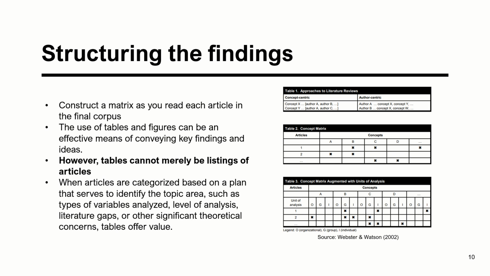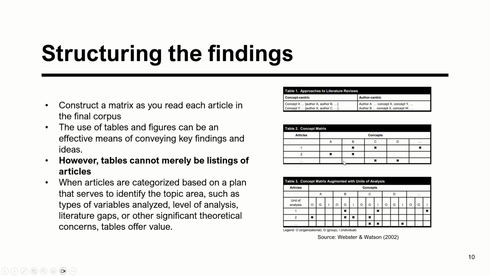Now, structuring the findings. We saw something similar in one of the previous sessions. This is an article by Webster and Watson 2002, where you will notice that for each article you have identified the focal concepts. So let's say article 1 is dealing with B and C, which are the concepts.